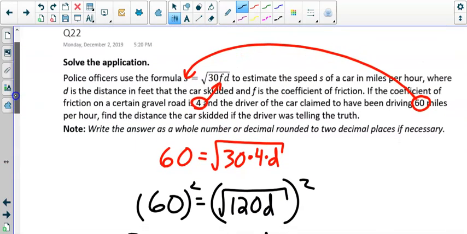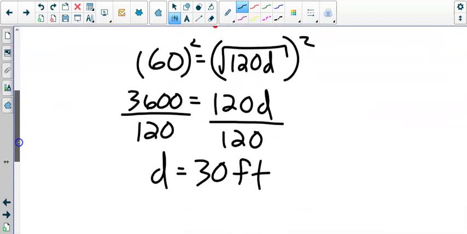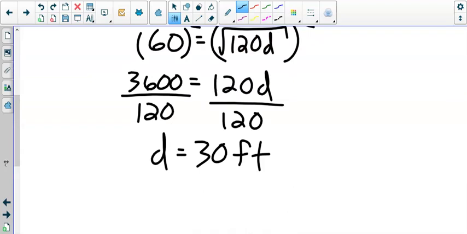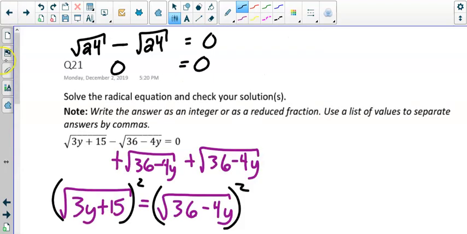So our driver skidded 30 feet. That's a long skid. Does that make sense? You're plugging in, and then you're doing a little bit of solving like what we just did on the previous problem. Make sure that your radical is by itself before you square both sides.